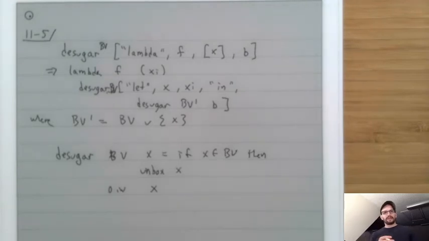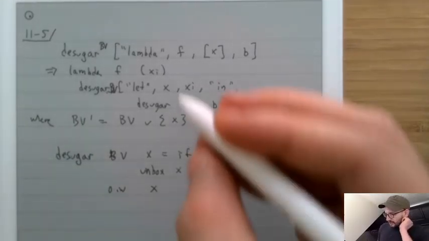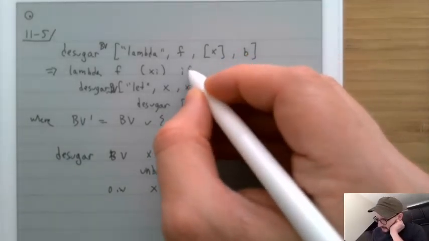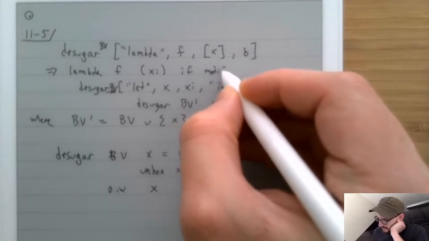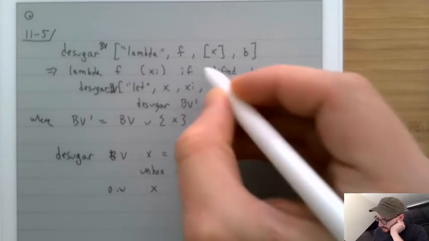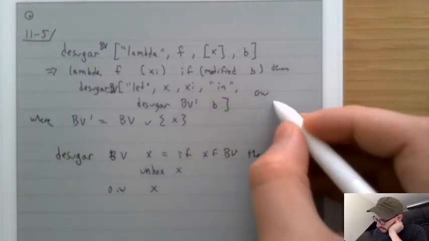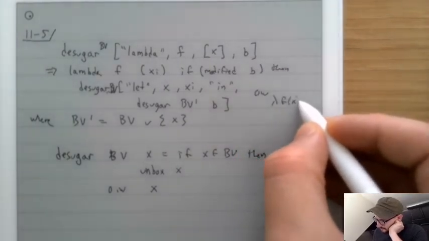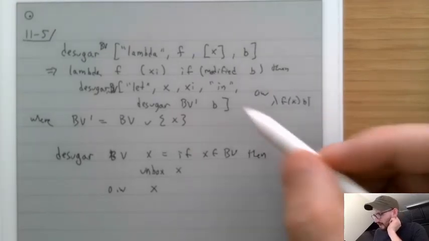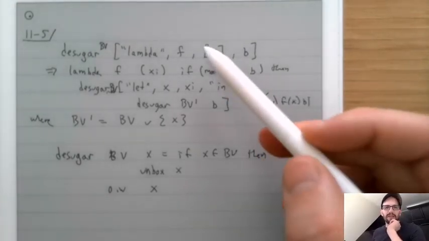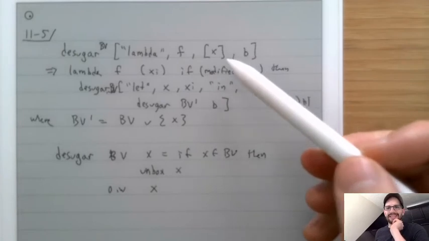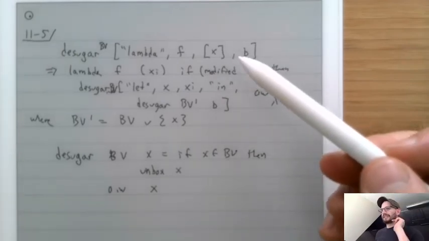Now, if we want, we can make this even smarter. And here's how we can make it smarter. What we could do is we could say, if modified B, then do this. Otherwise, do a normal lambda. Now, what do I mean by modified? Modified would be a function that would look through this B and see if it ever actually did do a set.